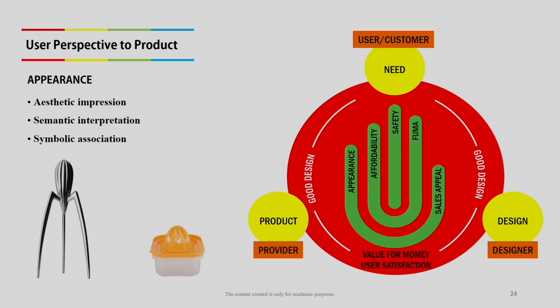The third part is symbolic association. This is the perception of social status and significance of the product. How is it fitting into my personal status, whether the design represents the owner or user. The personal significance of the design may outweigh the social significance.